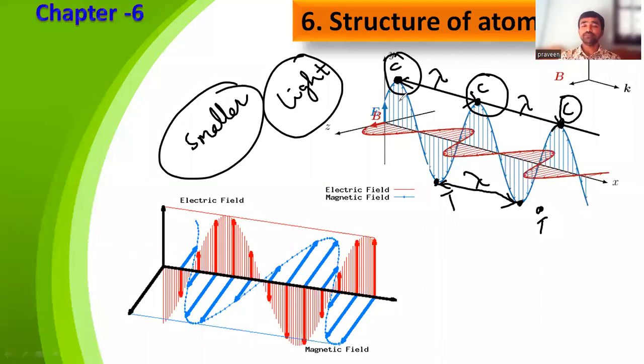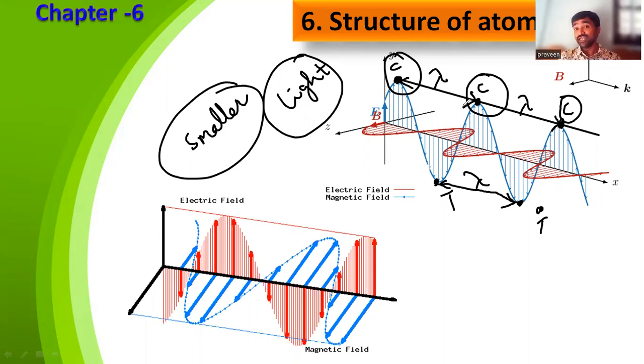If you want to see that, you need to produce a spectrum. What is a spectrum? Here you got an idea about lambda. What is lambda? Wavelength. So a spectrum is a combination of different wavelengths.